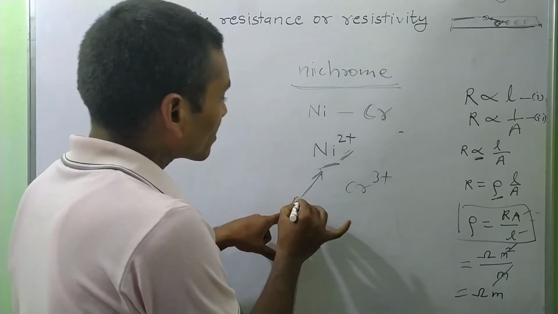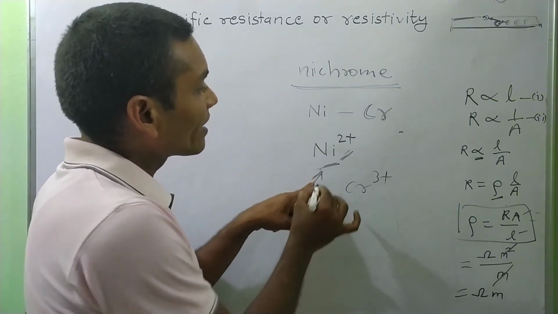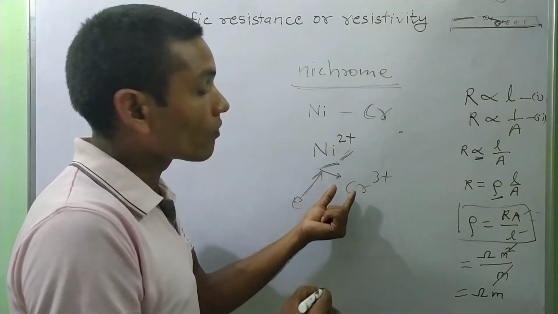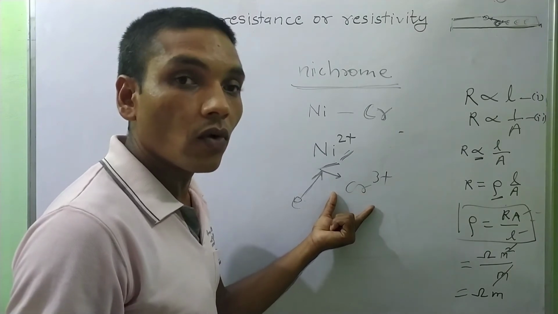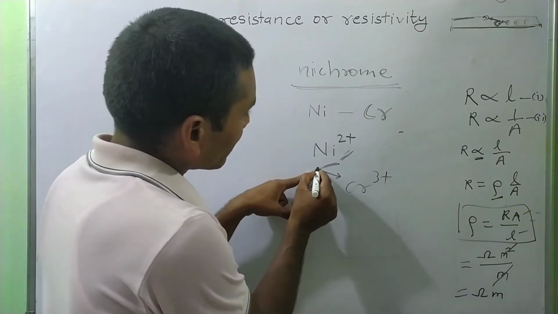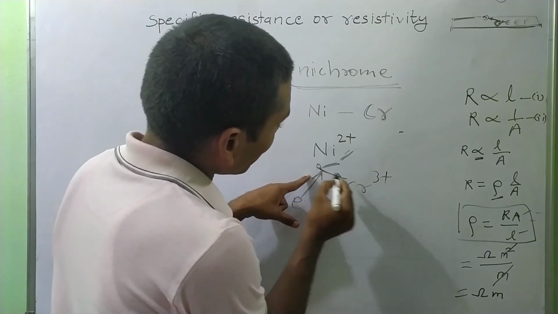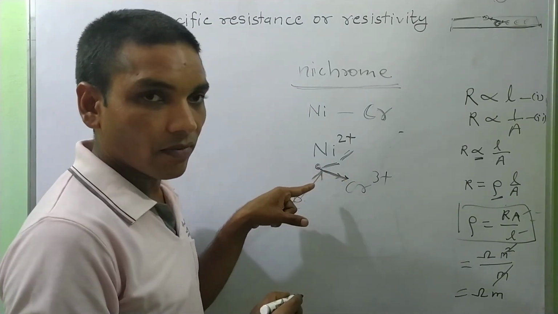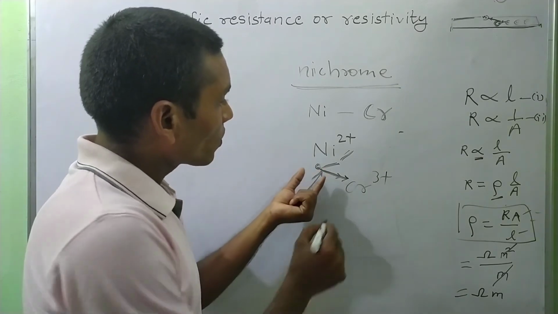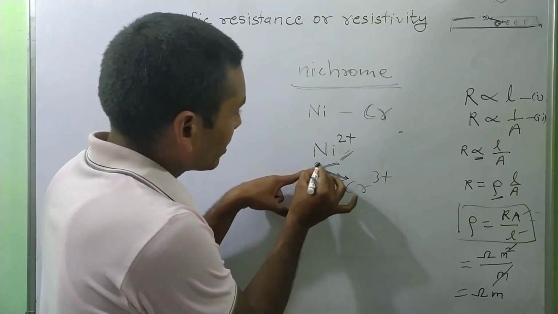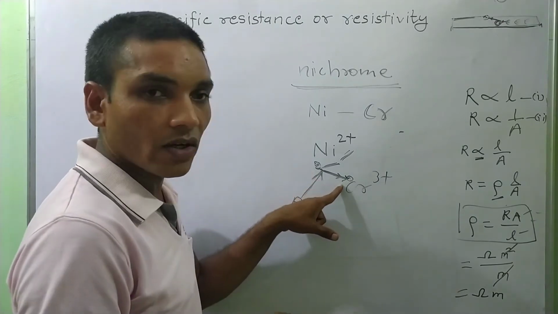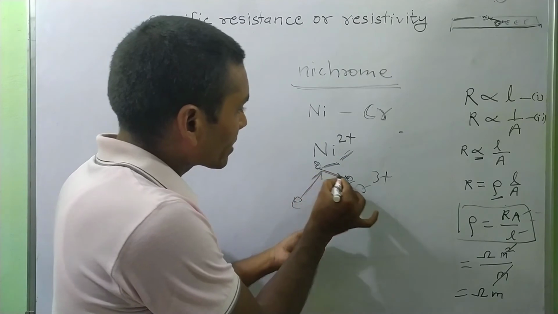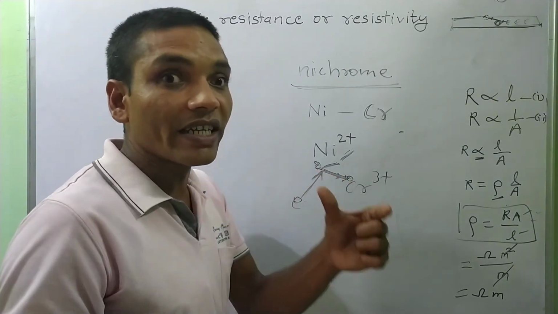That's why this electron will be drifted toward this direction with more electrostatic force. So after going from here to here, it will go along this direction. Between the first collision, the second collision and other collisions, the relaxation time of the free electron will decrease.